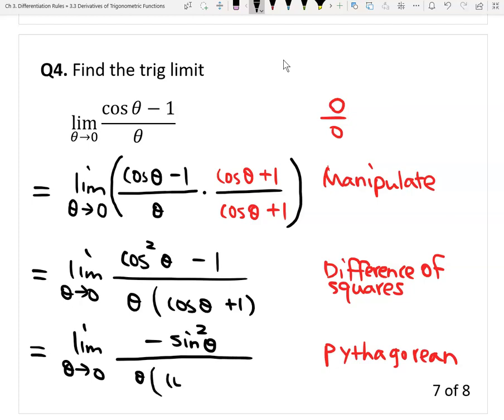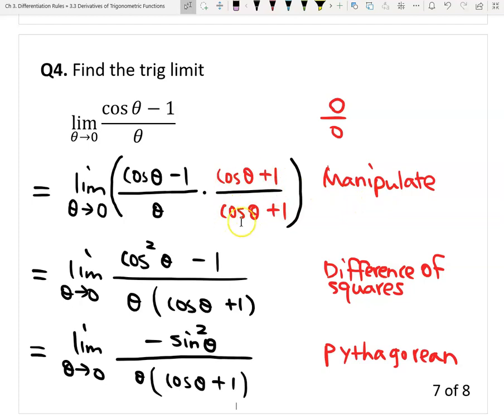Do you remember this? Okay, so almost. And the negative 1, of course, we can pull out of the limit. And then sine squared theta, the sine theta and the theta, we can put together, forming the formula. So far, this is a kind of manipulation.